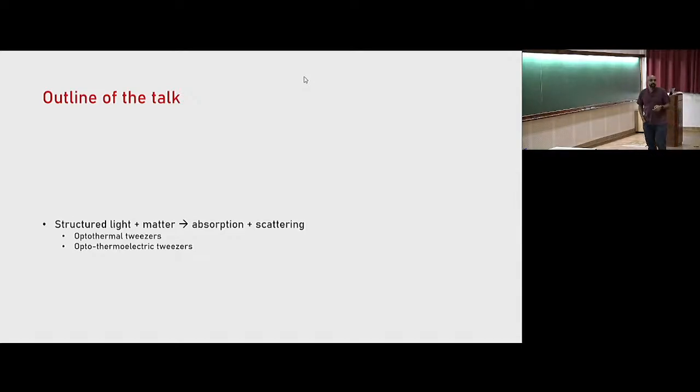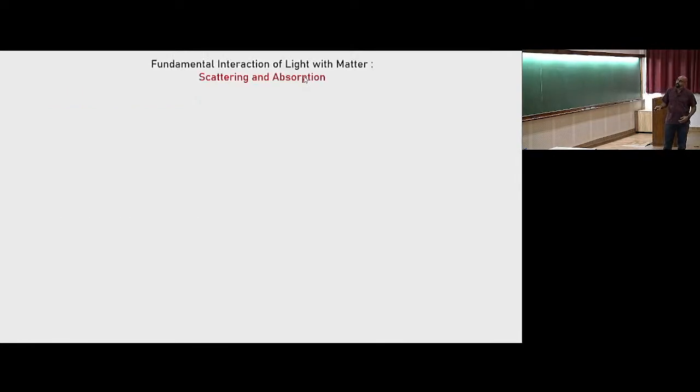Here I'm going to incorporate absorption into the discussion. Most of the time it is the scattering which dominates, but because of the structuring of the field, you can now also look at some effects where you incorporate the absorption effects. One way of looking at this concept is the following.